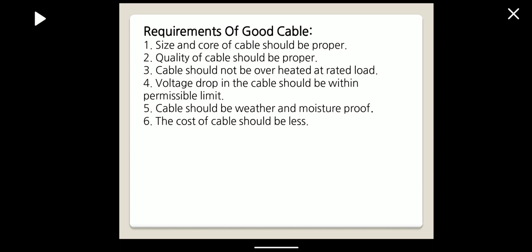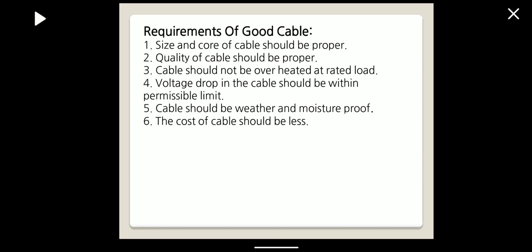Then, requirements of a good cable. What are the requirements of a good cable? It is a very important point, because when we talk about the life of the installation, a good cable is very important. First, the size and core of the cable should be proper.